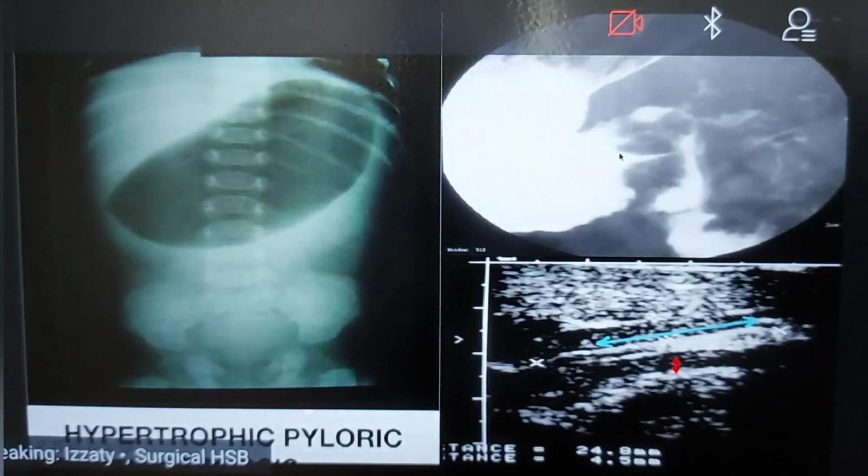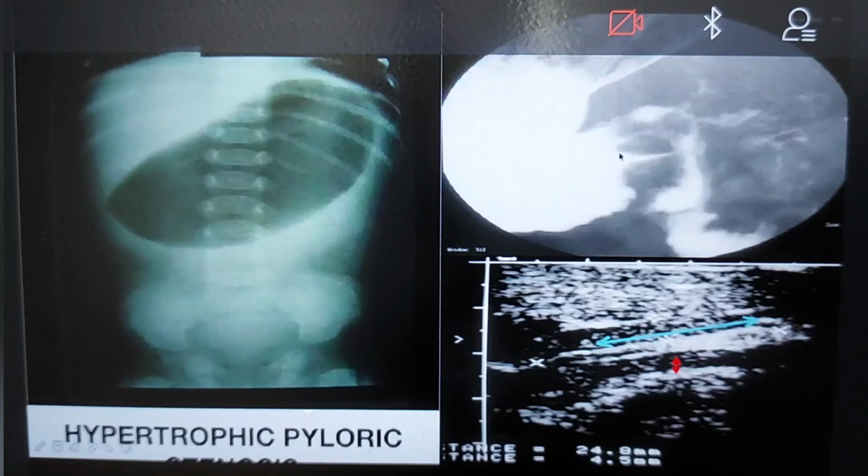And then this is hypertrophic pyloric stenosis. Hypertrophic pyloric stenosis is abnormal thickening of the pylorus, the muscular sphincter at the end of our stomach. So when it's hypertrophic, it narrows the passageway.